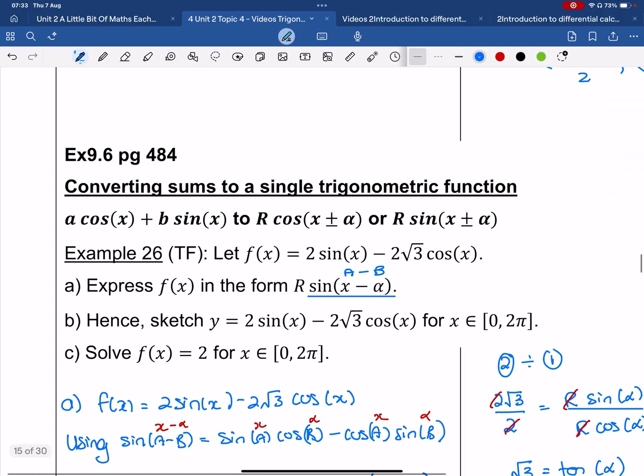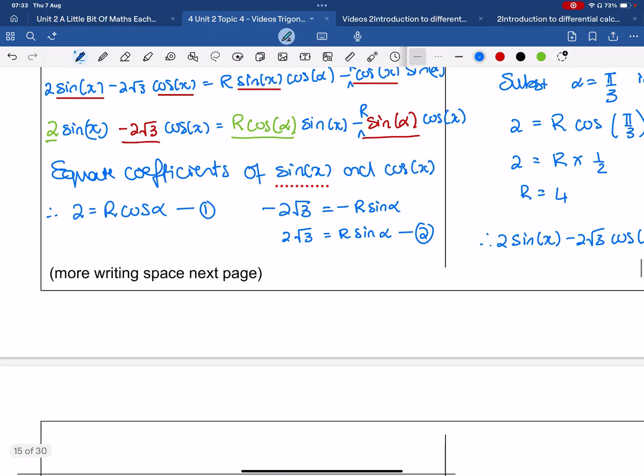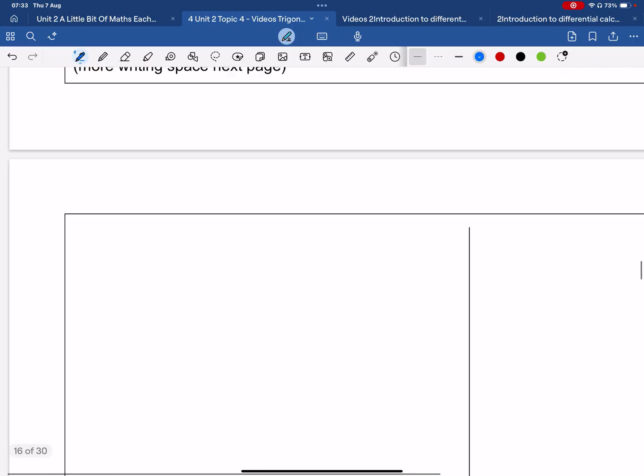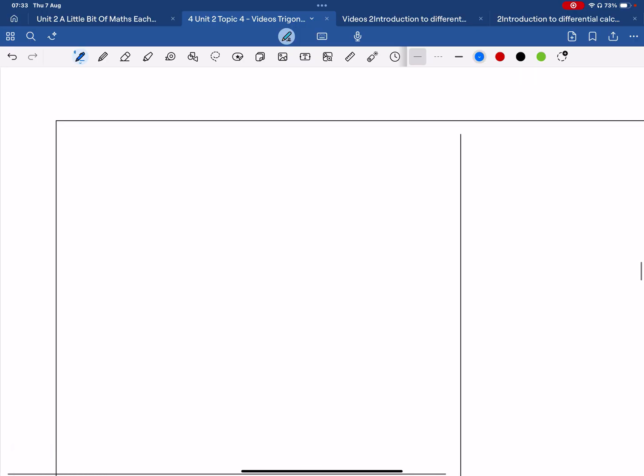Next part of this is we need to sketch it. Now, I don't know how to sketch 2 sine of x minus 2 root 3 cos of x. However, I do know how to sketch 4 sine of x minus pi on 3, and that's what we're going to do. So y is 4 sine of x minus pi on 3.